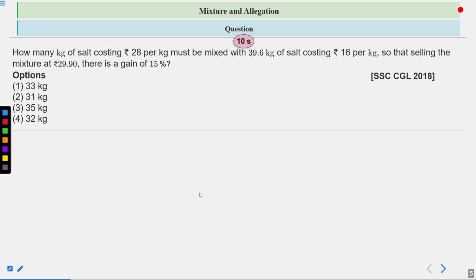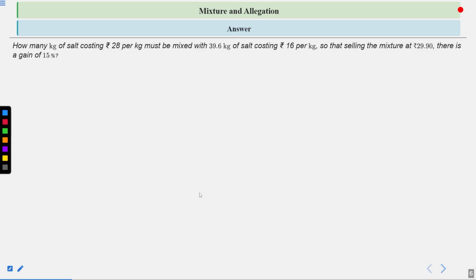Now you have 10 seconds to analyze the question. Your time starts now. Now time's up. Let's see the solution of this question. The question says: how many kg of salt costing 28 rupees per kg must be mixed with 39.6 kg of salt costing 16 rupees per kg so that if the mixture is sold at 29.90, the gain is 15%.